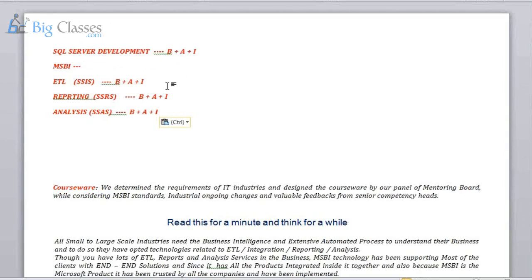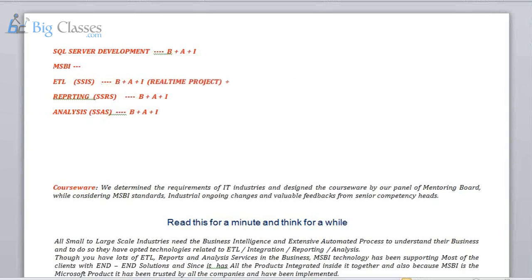Apart from this, our SSIS will have a real-time project. Now, this real-time project is going to help any developer to work in any MNC. Basically, this project is going to hold lots of dynamic behavior, wherein you go into any company, you would see a similar kind of framework to what we would be seeing in this SSIS package.